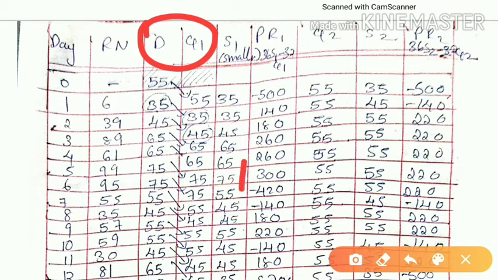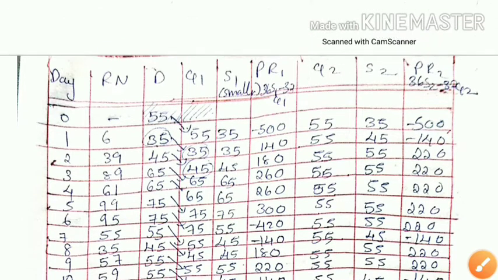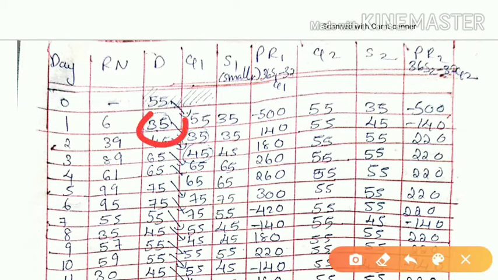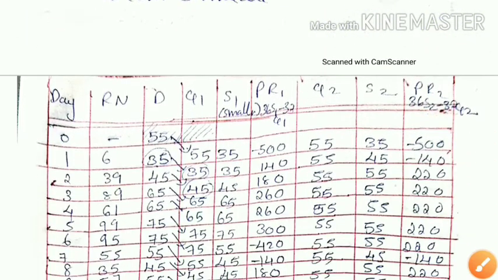Here in day 1, we can see 35 as the smaller amount. So here 35. In day 3, we can see 65 and 45, so the lesser is 45. For day 5, it is 65, the smaller number. So we wrote 65, and we have to complete this column.